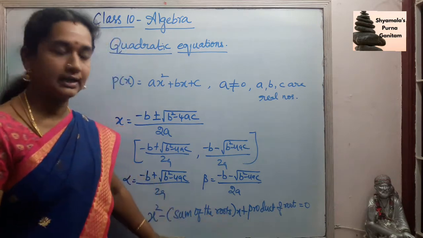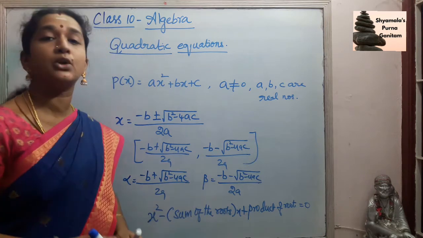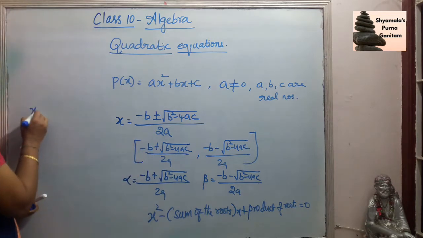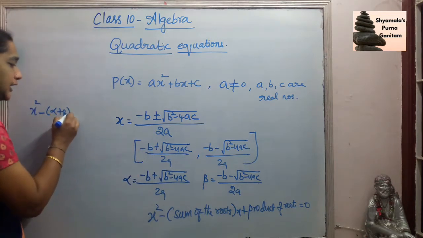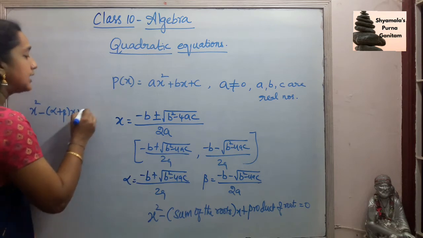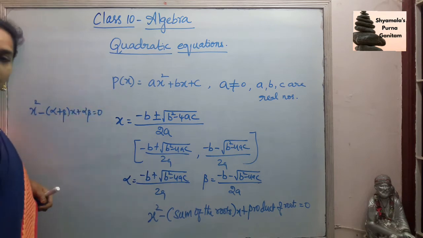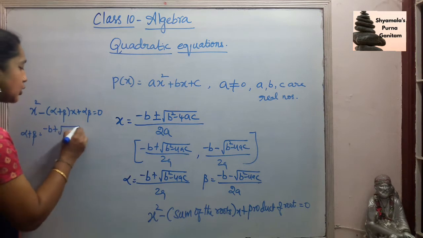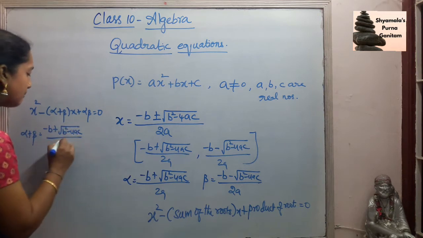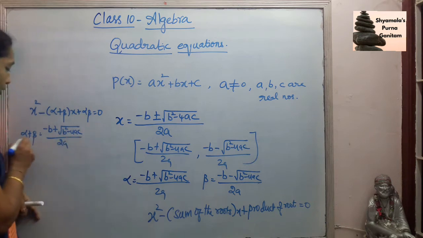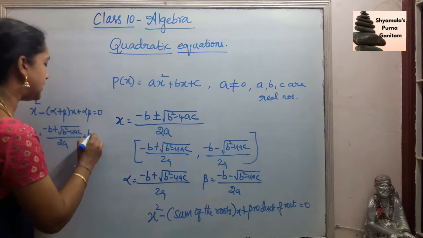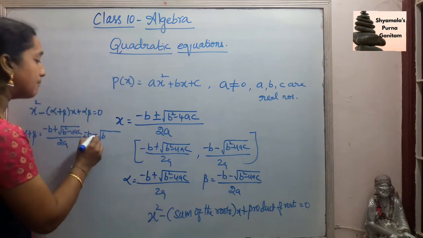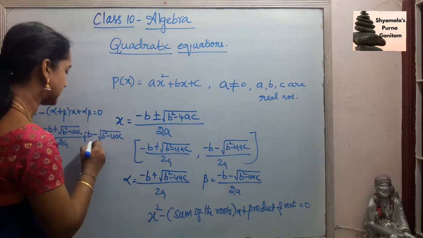So this is the formation of the quadratic equation. Here we are taking the roots as alpha and beta. So x squared minus alpha plus beta into x plus alpha beta is equal to 0. When we find the sum alpha plus beta, alpha is minus b plus root of b squared minus 4ac by 2a and beta is minus b minus root of b squared minus 4ac by 2a.